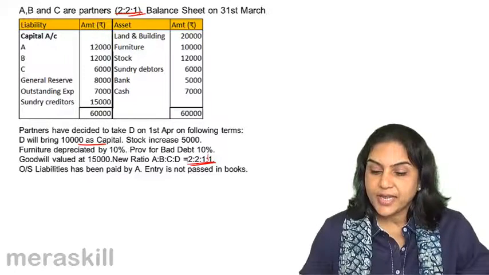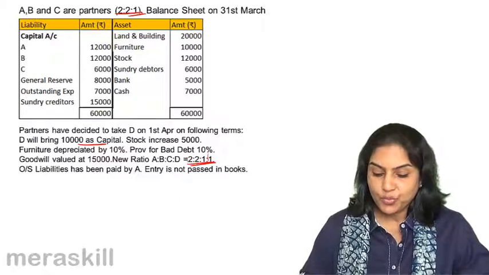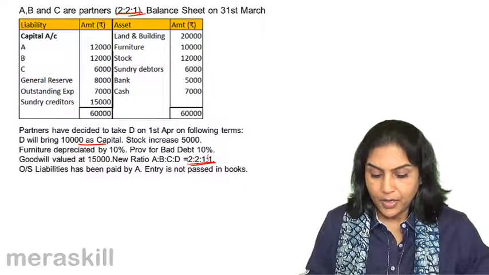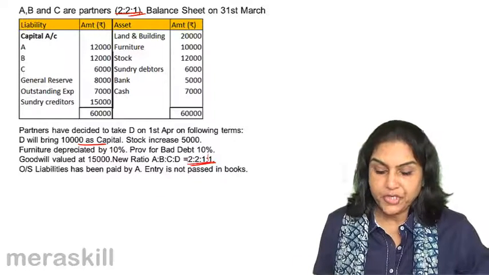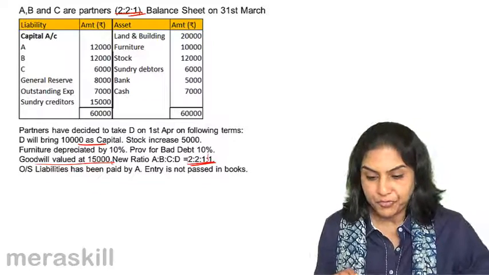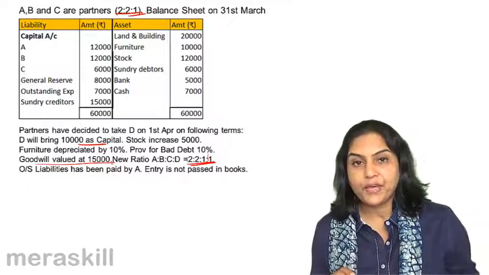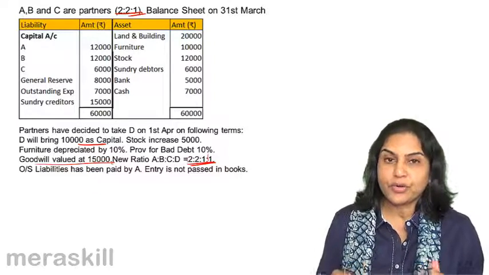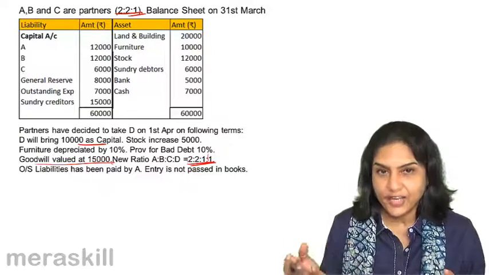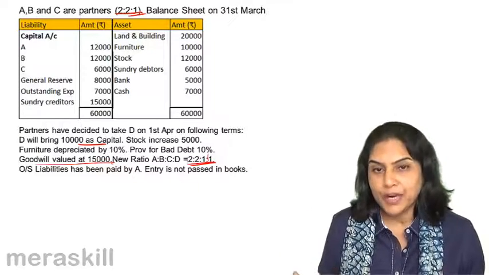So D is admitted. What are the things that we will do? We know the new profit sharing ratio. We will check for goodwill, valued at 15,000. What do we do? Goodwill account debit to old partners' capital accounts and then write it off in the new partner's capital account.